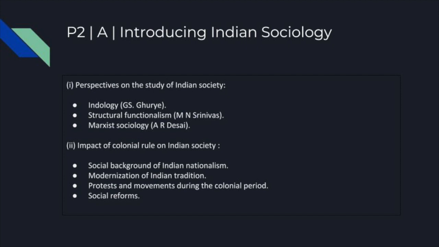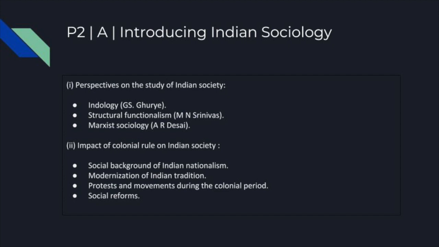And we'll be doing the impact of colonial rule on Indian society, which is split into four subtopics. First is the social background of Indian nationalism, right? Somewhat of the matter is related to a book written by Desai, right? How the social background of the people involved in the freedom struggle changed and affected the freedom struggle.